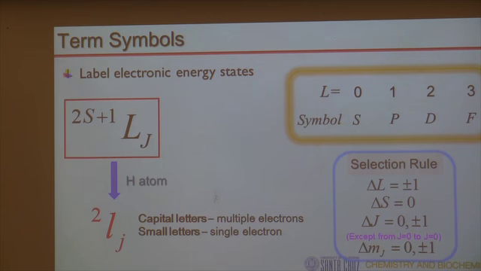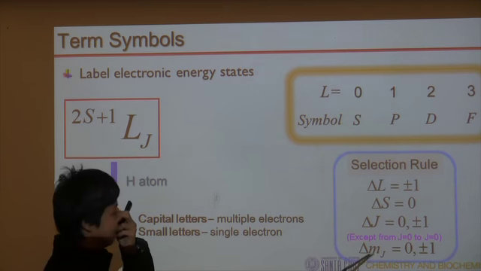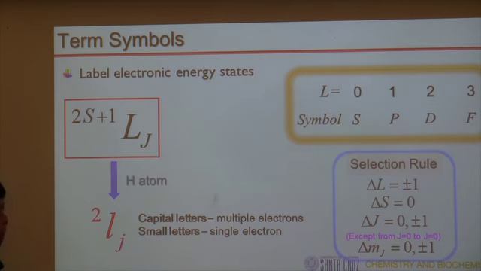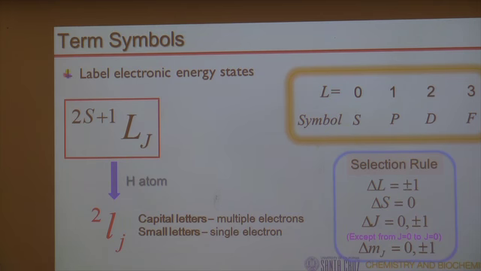So if you just say J cannot be 0, it's a number within this meaning. Same thing here. When you talk about transition, always put delta. And the last one, delta MJ, must be 0 or plus minus 1. Okay? So any questions?